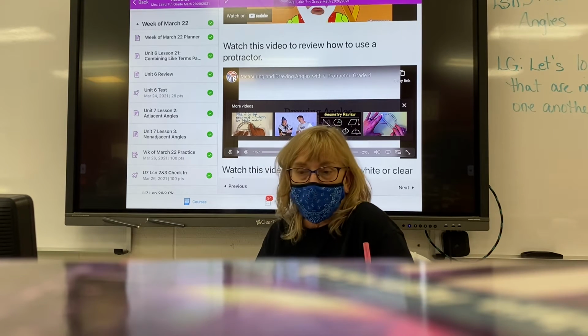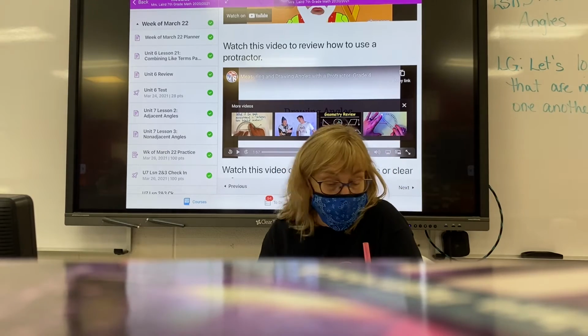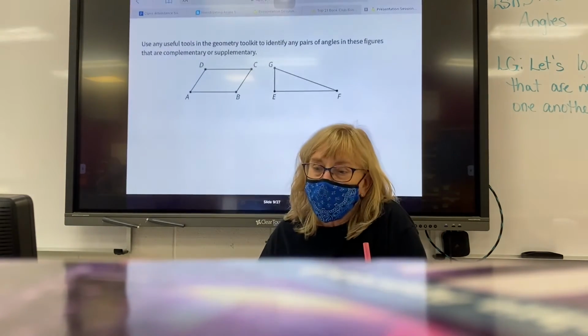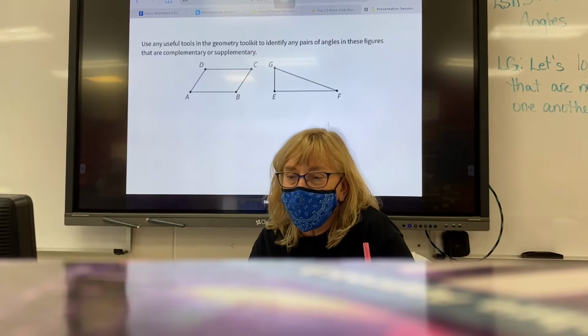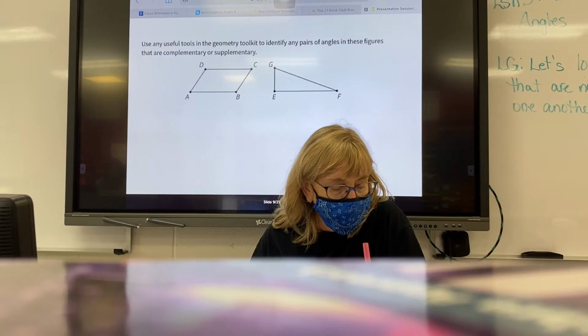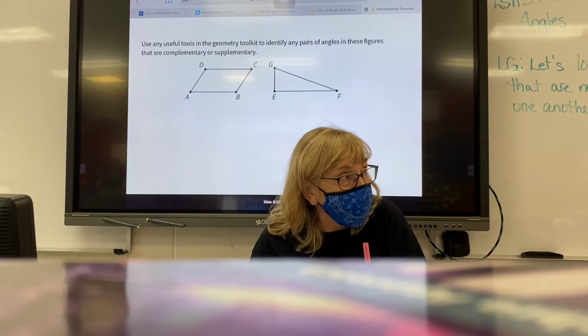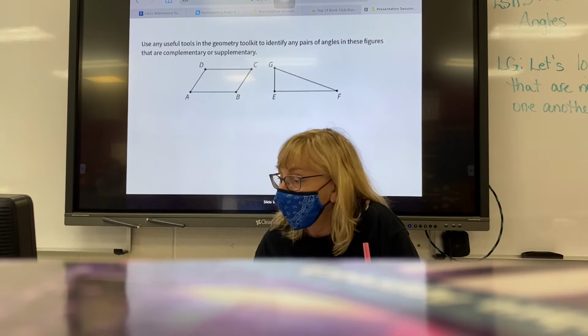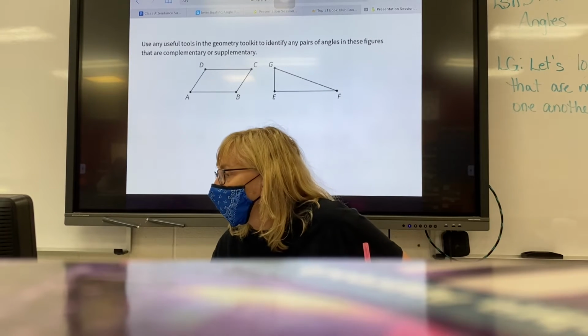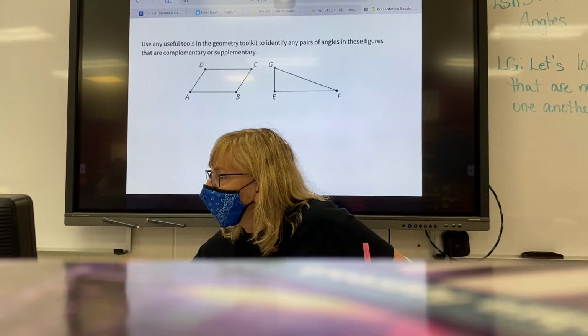All right, so what I want you to do is measure angle A, angle D, angle C, and angle B. Go ahead and measure it. Measure those 4 angles inside the quadrilateral.